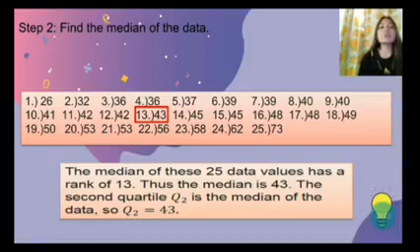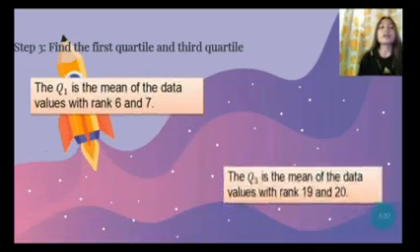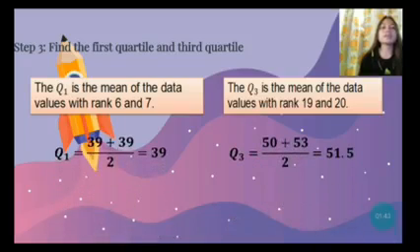The second quartile is the median of the data. So, Q sub 2 equals 43. Next step is find the first quartile and third quartile. The first quartile is the mean of the data values with rank 6 and 7.